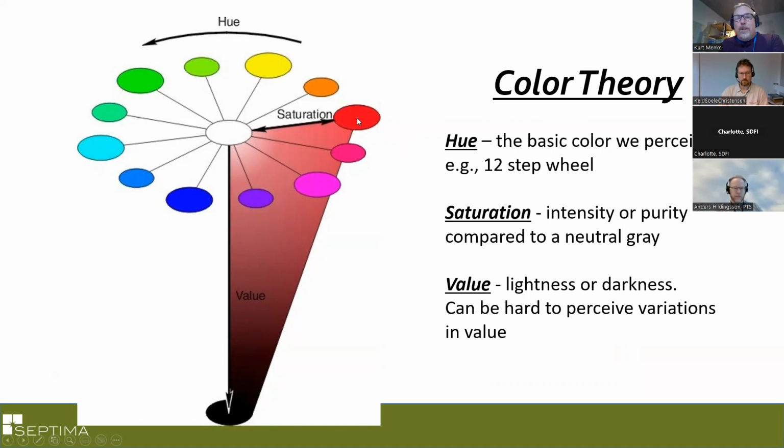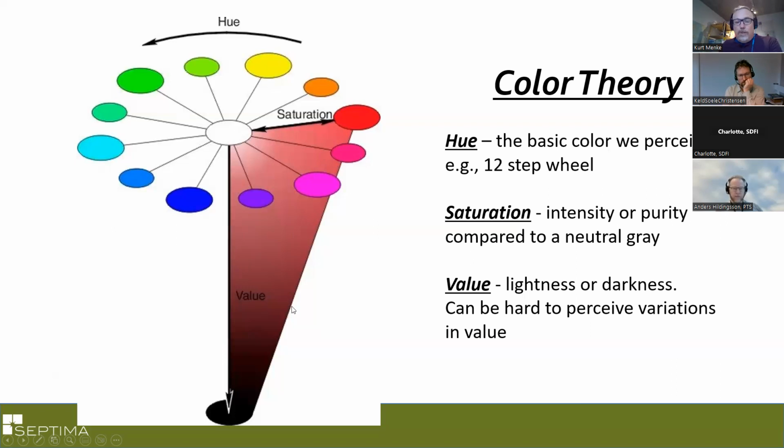So if we are looking at pure red, for example, on the color wheel, the saturation is then going to be pure red on the continuum between white and the full saturation of that color, red. If we slid across the saturation slider, we could vary that hue from full saturation all the way to white. And the value is the same kind of thing, but it goes from black to white along this triangle. And so in this triangle, you get basically every variation that you can get for this particular hue.